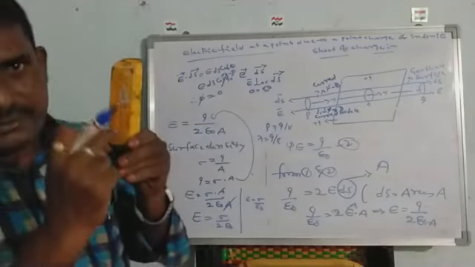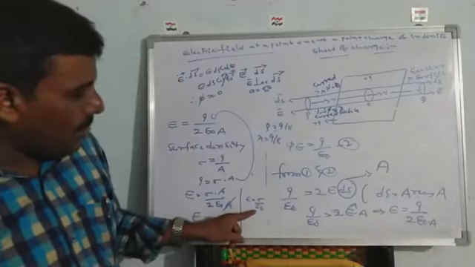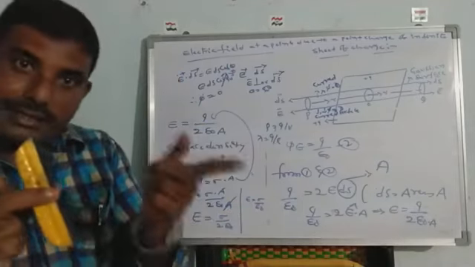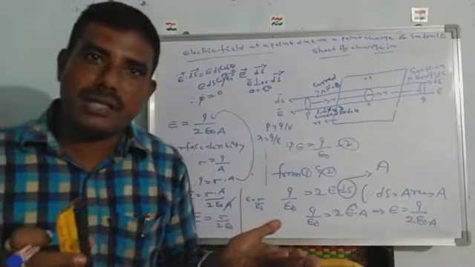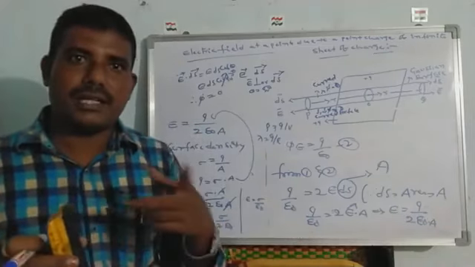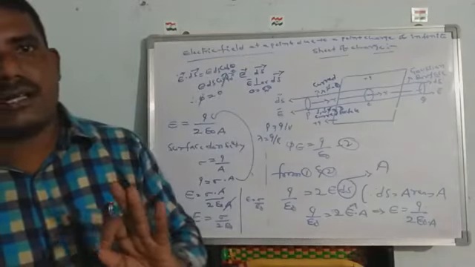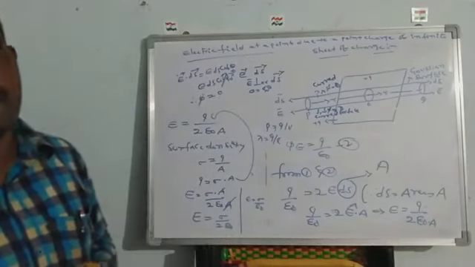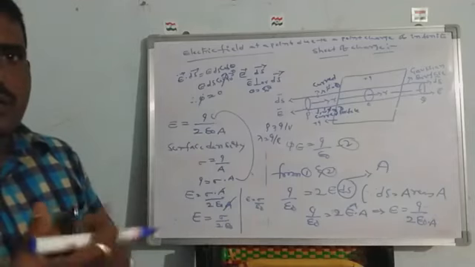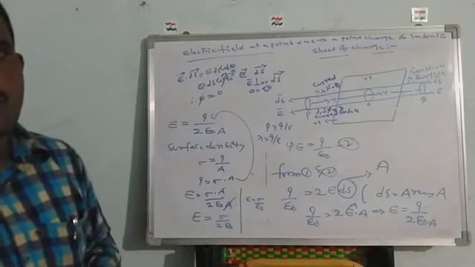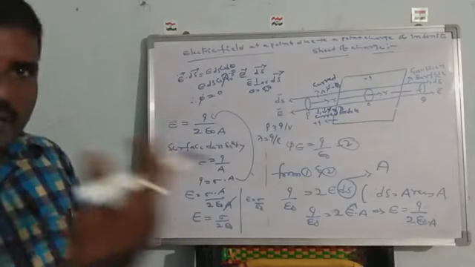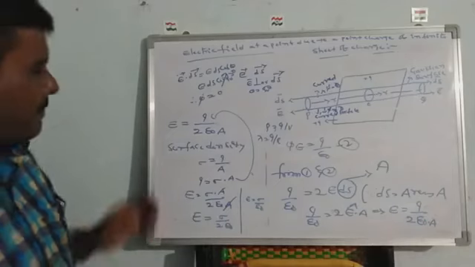But for one side it would be sigma by epsilon naught and for another side sigma by epsilon naught. Okay, do you understand? This is one of the applications of Gauss law. So again, we will discuss another application.